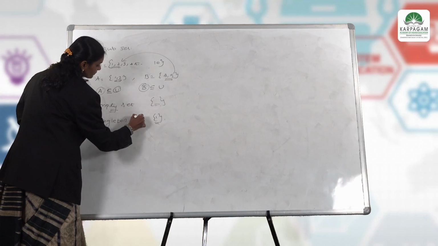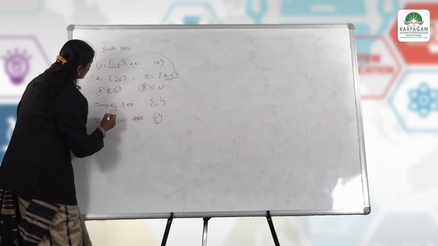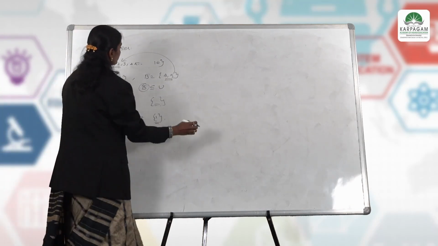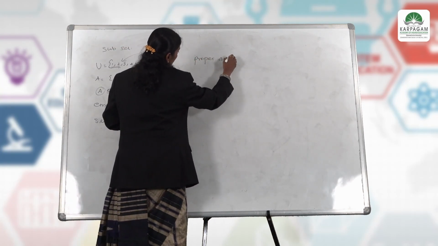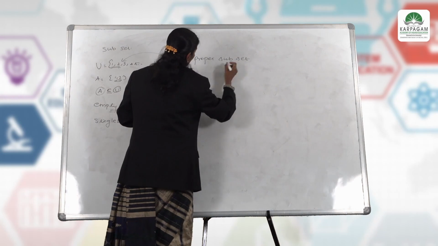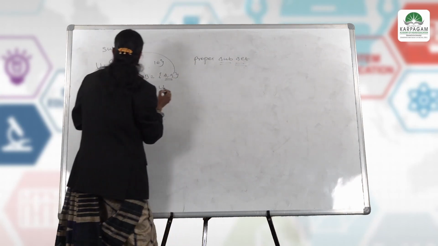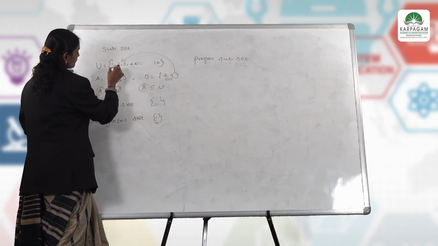Similarly, there is another example for proper subset. What is meant by a subset? The elements should be in the universal set.